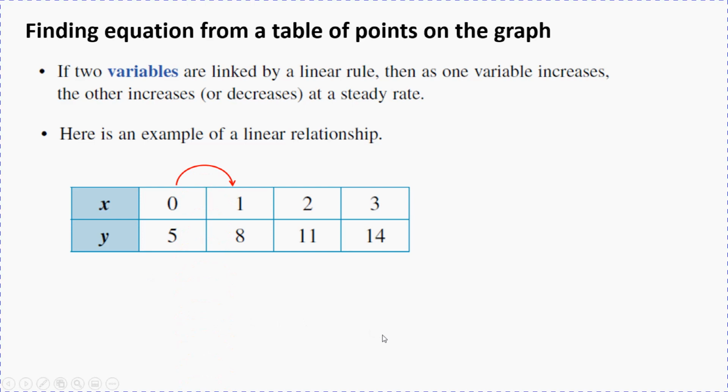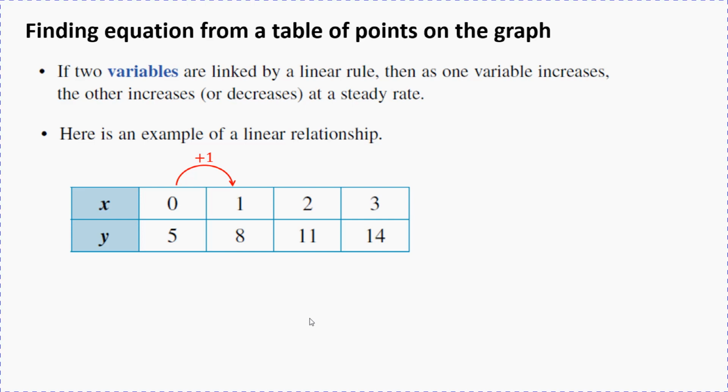How can we see the pattern of the two rows? If you want to check whether it's a linear relationship, you can check when x is increased from 0 to 1, by 1. I put plus 1 here. Actually, that means run, if you want to refer back to our previous study.